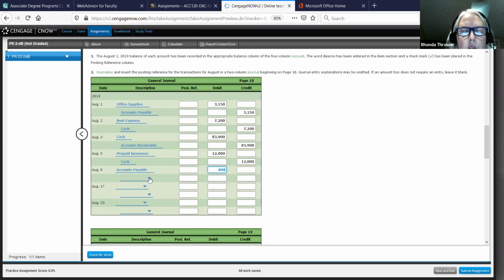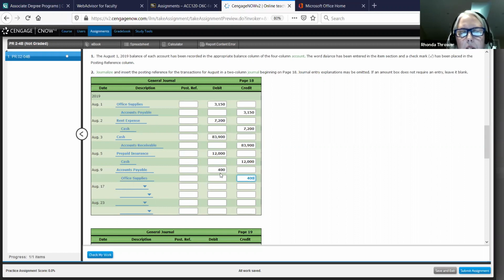We are also, because we're returning supplies, reducing the amount of supplies that we have on hand. So our supplies, which is an asset, is going to be decreasing by $400. To decrease an asset, you would credit.